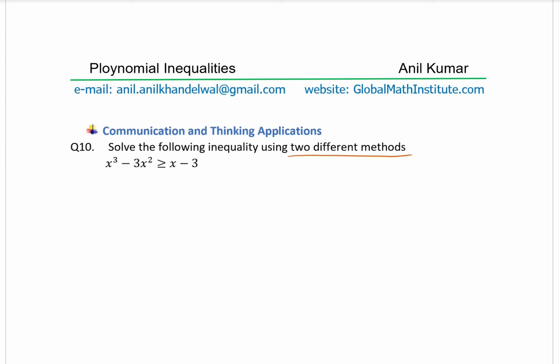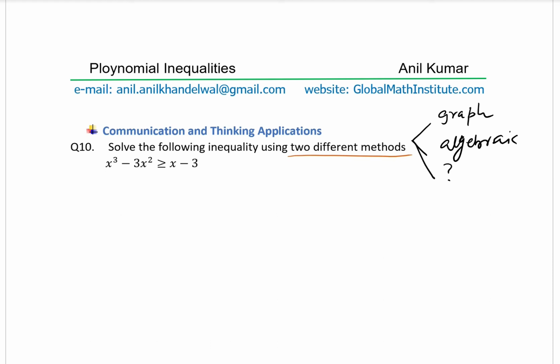So two methods could be, you could have a graph solution, you could have an algebraic solution. Now I will show you a third method here, which is interpreting the lines or the equations in different ways.